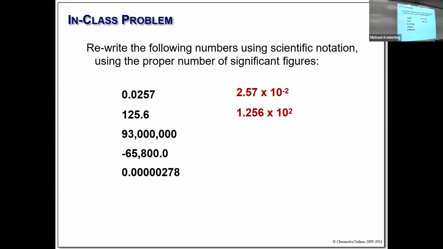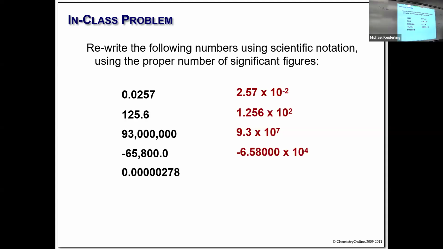Here we have 93 million. This has two significant figures, and we have to move the decimal place 7 places to the left. So this will be written as 9.3 times 10 to the 7th. Here we have negative 65,800.0. This has 6 significant figures, and we have to move the decimal place 4 places to the left.